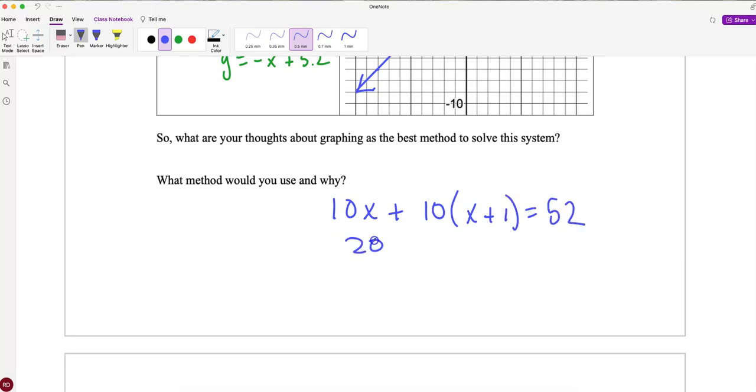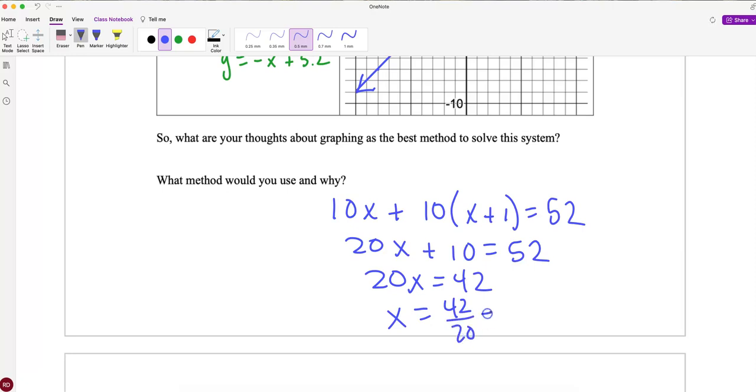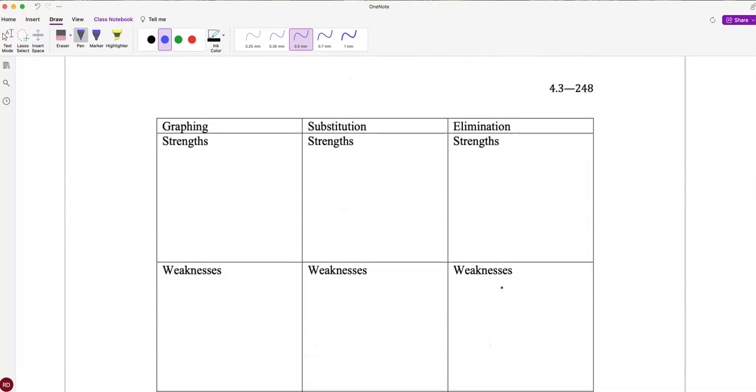So this is going to give me 20x plus 10 equals 52. 20x equals 42. x is 42 over 20, or 21 over 10. So 2 and 1/10. So it's clear that that wasn't 2 and 3. And then I could use that to solve for y.